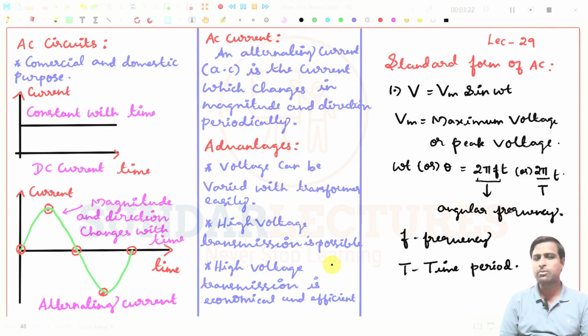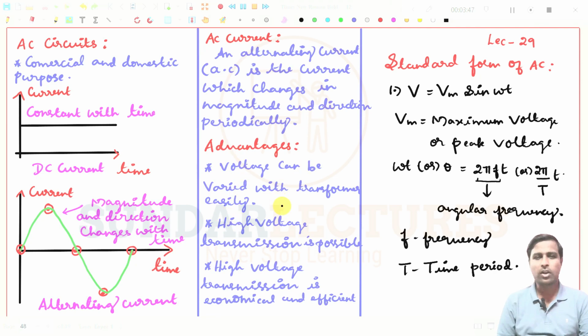High voltage transmission is possible since we can vary the voltage with transformers, and high voltage transmission is economical and efficient also. So AC quantities are used for commercial and domestic purposes due to these advantages.